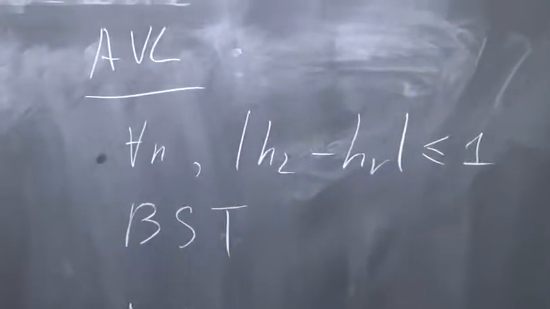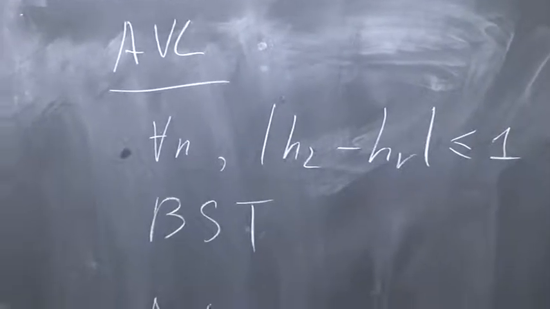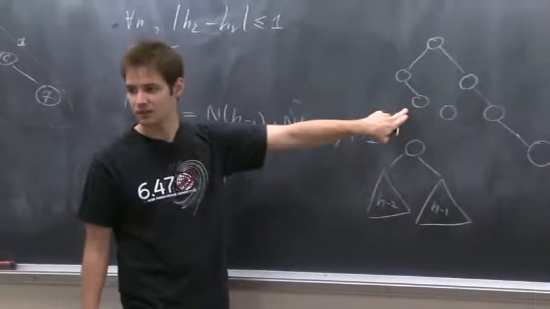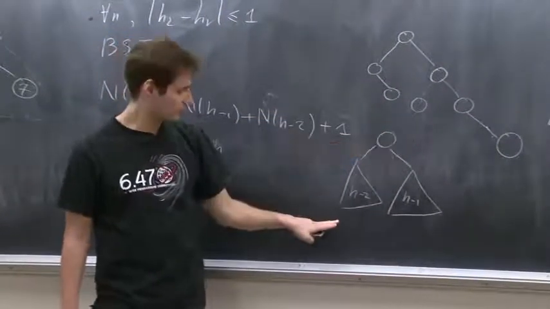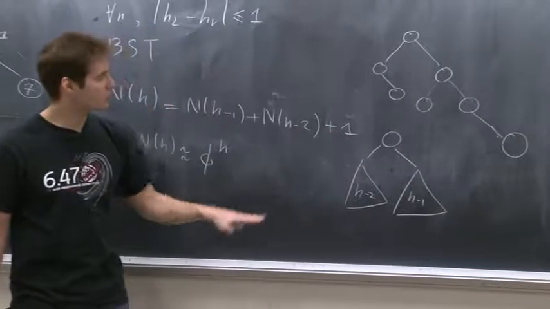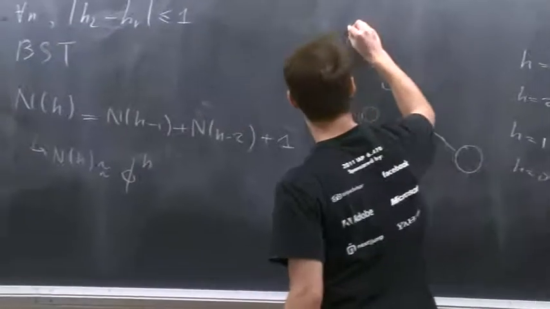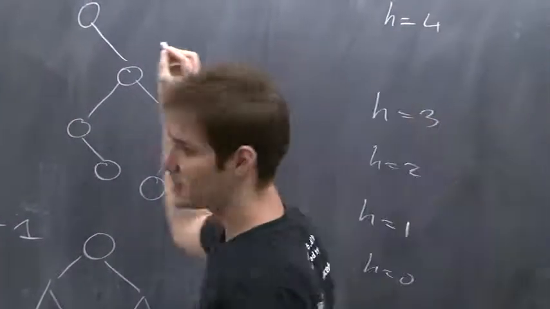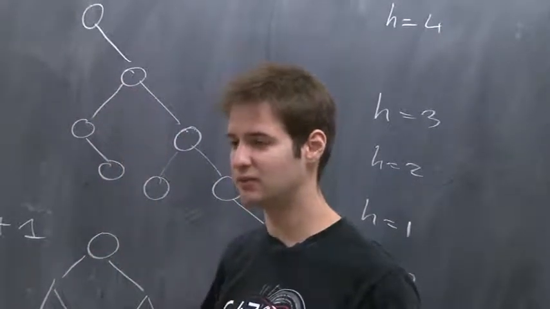Question. I didn't quite follow how you got h minus 2 and h minus 1 there. Here? There. The tree down. This one? This one, yeah. Okay, so suppose I'm at height 4 here. What's the best way to construct an AVL tree that has as few nodes as possible but height 4?